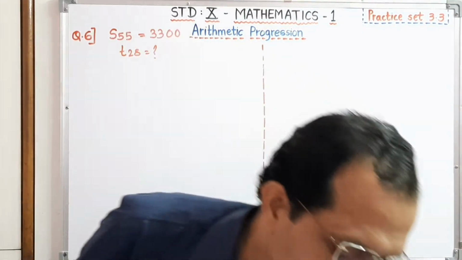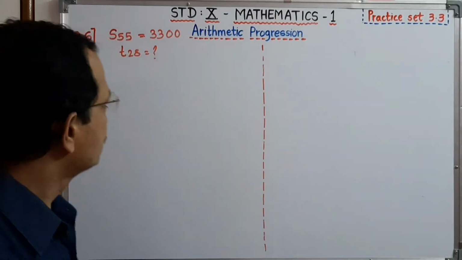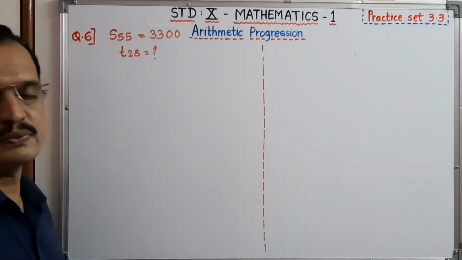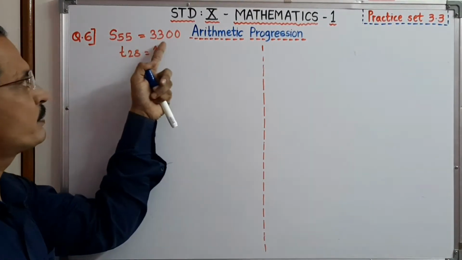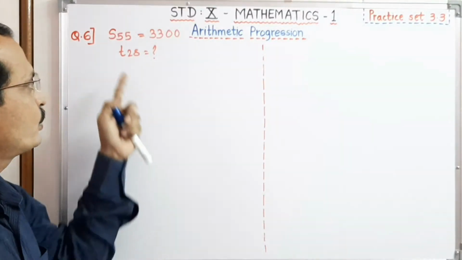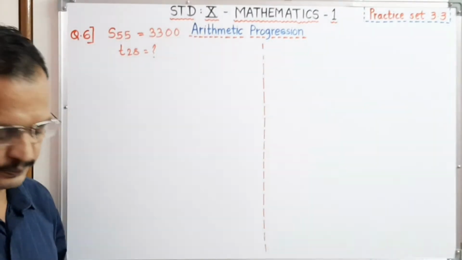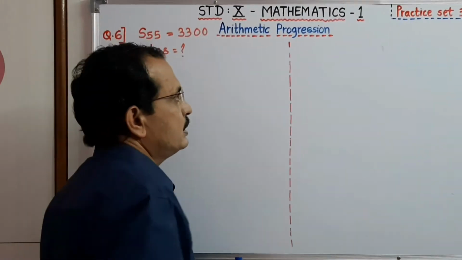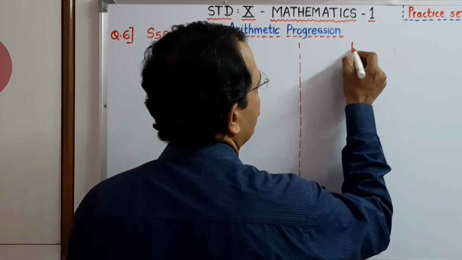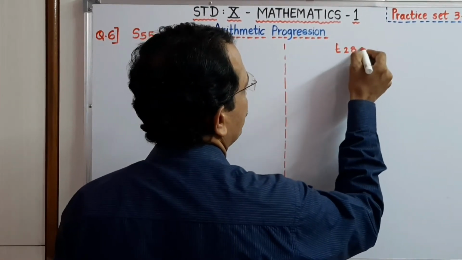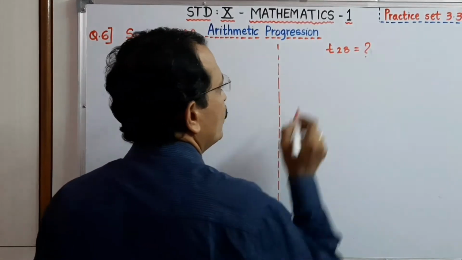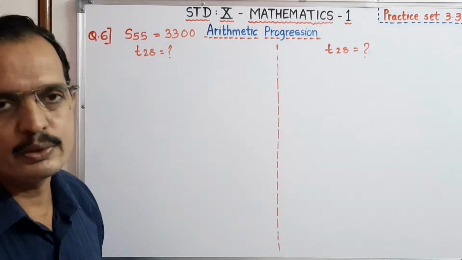Dear students, in this case the sum of the first 55 terms, S55, is given, and we have to find out T28.